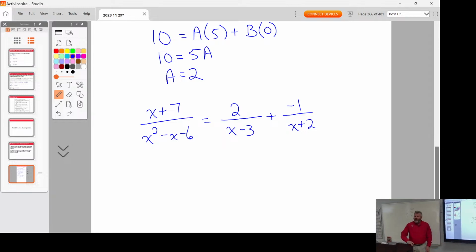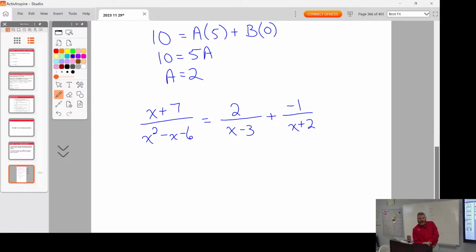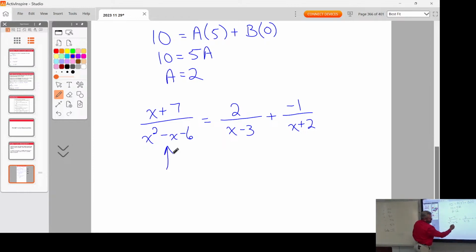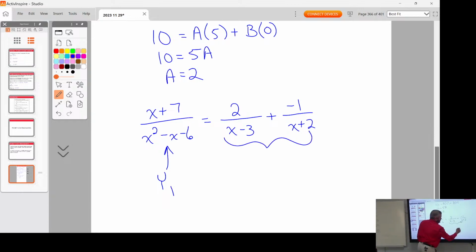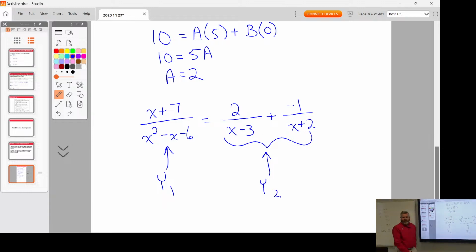At this point, if you wanted to, you could use your graphing technology, your calculator, or maybe Desmos, and put this thing exactly like that into y1. And if you took this guy right here and put it into y2, and if you graphed it, what would you see?